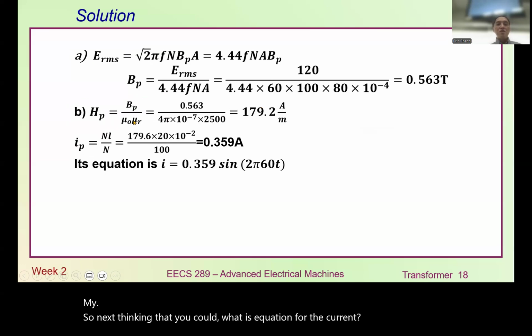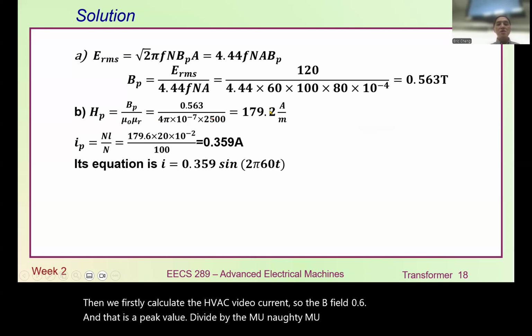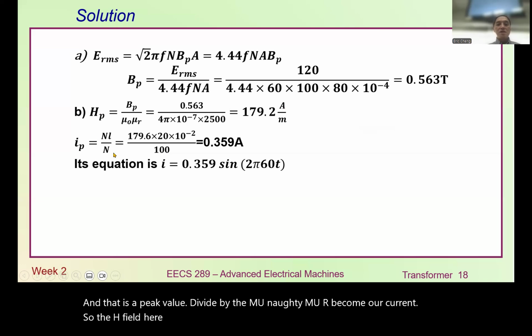Then we first calculate the H field, because the H field is related to current. So the B field is 0.6, and note that this is a peak value. Divide by mu naught mu r, and that becomes our current. So the H field here is amps per meter.